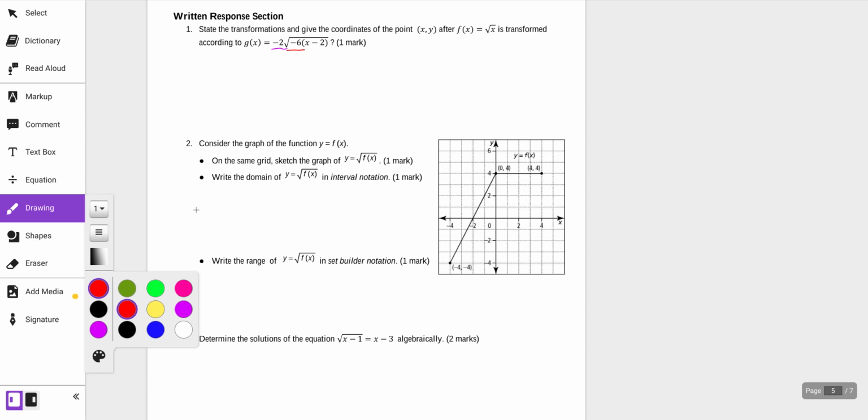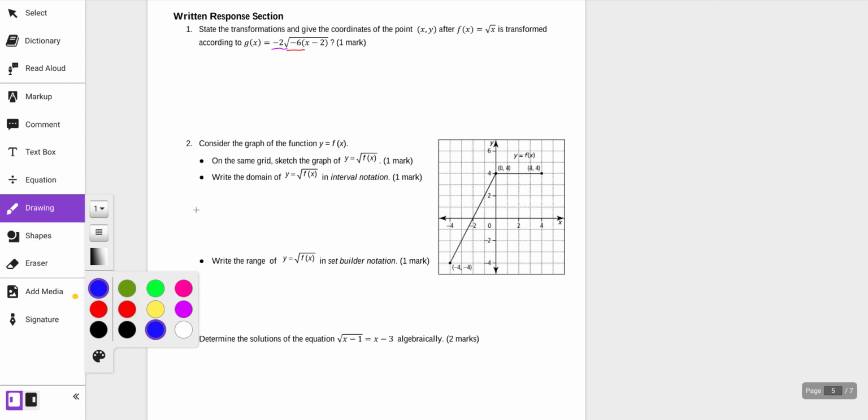The reciprocal. So that was a horizontal reflection about the y-axis, and then a horizontal stretch by a factor of 1 over 6 about the y-axis. So I'm stretching away from the y-axis.